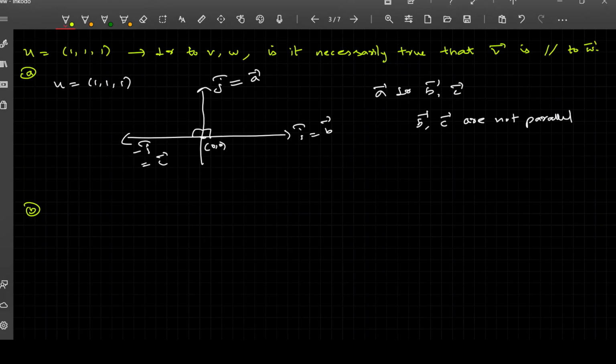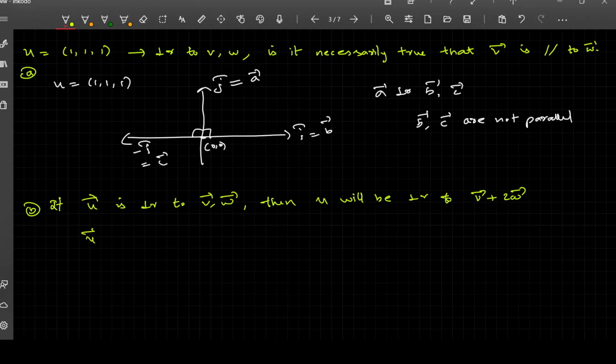It says that if u is perpendicular to V and W, then u will be perpendicular to V bar plus 2W bar. So the thing is, u vector is perpendicular to V vector and W vector.